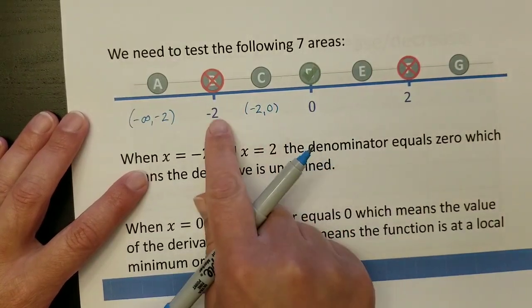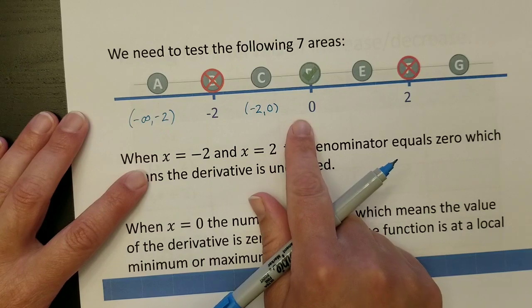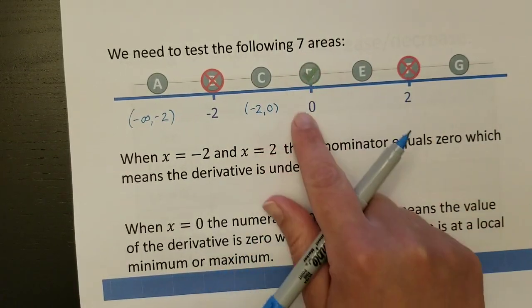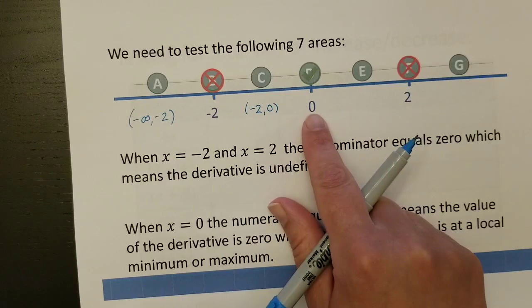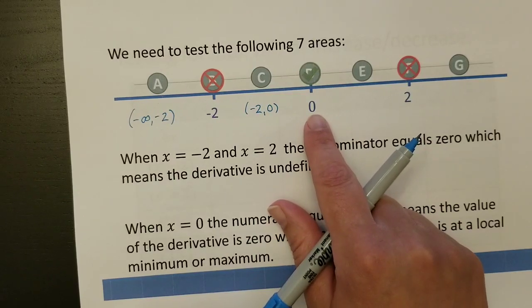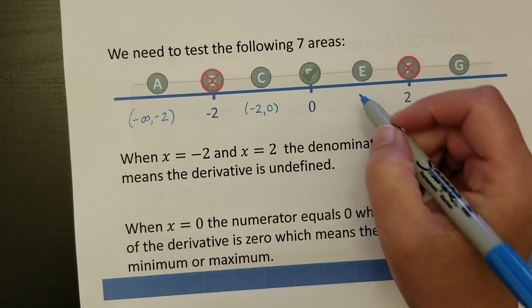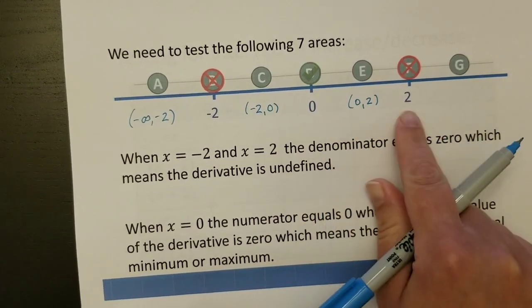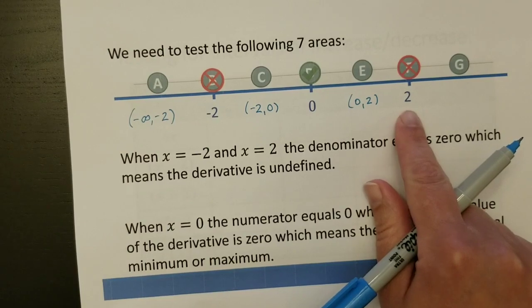Then using interval notation, for interval C, I'm going to need to test between -2 and 0. We know that the derivative equals 0 at x equals 0. And then the next interval to test is between the critical numbers 0 and 2.